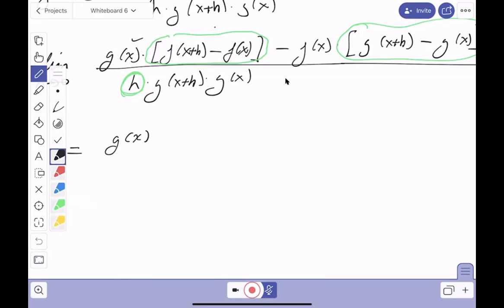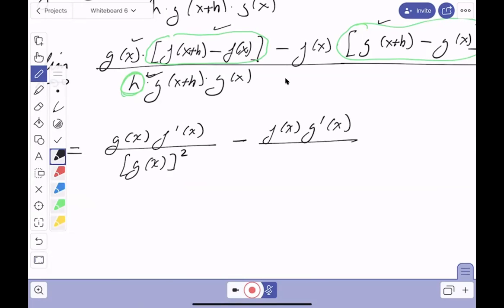that's that right over there, f prime of x. What's on the bottom? g of x squared. Let's do the next guy, minus. What am I seeing as h goes to 0? I'm seeing f of x. And what else am I seeing? I'm seeing this. What's that? g prime.